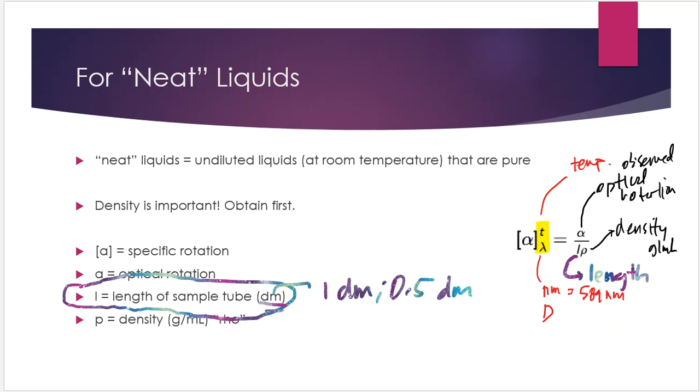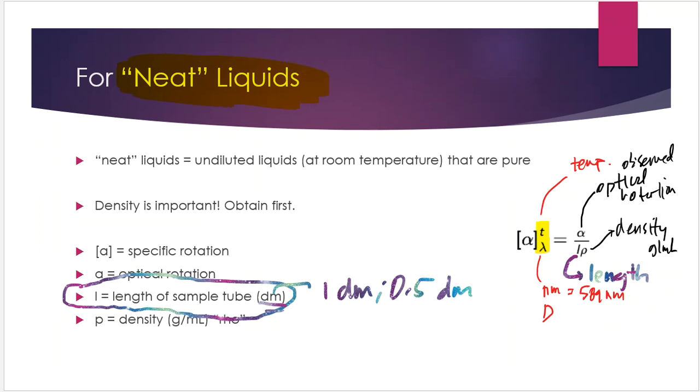So what happens is that I'll take my lab number that I get, and then I'm going to divide that by, in parentheses, 1, because most of the time it's 1 decimeter, times the density of the liquid solution. But the problem here is that this equation is only for something that we call a neat liquid.